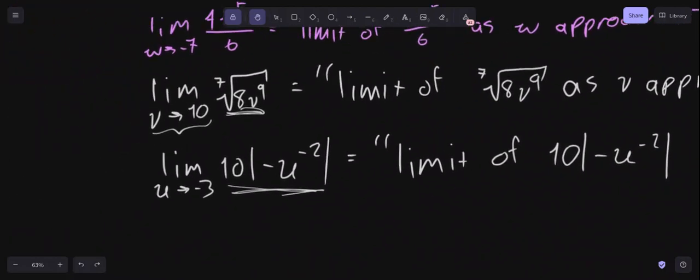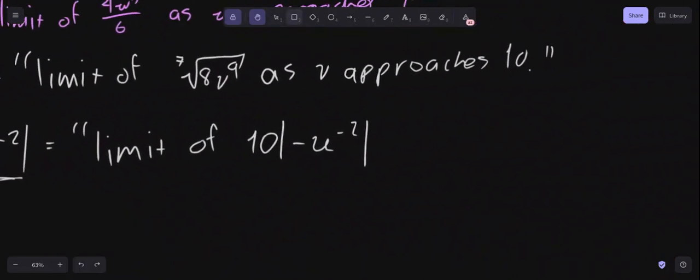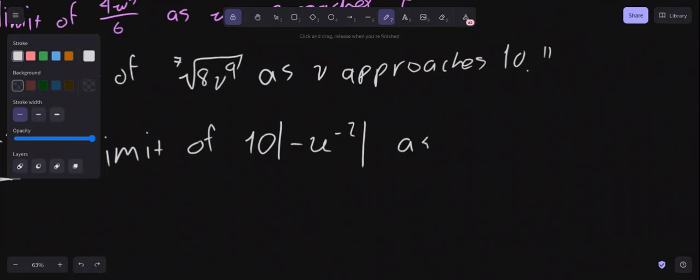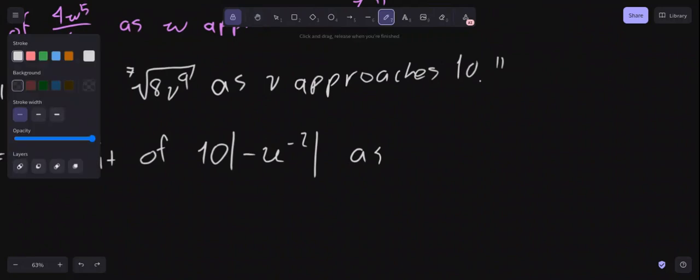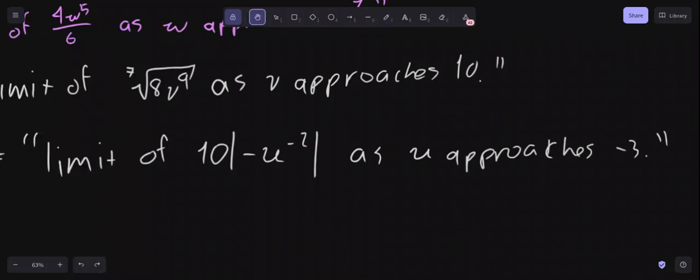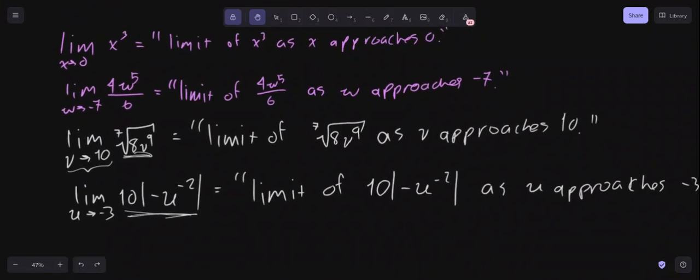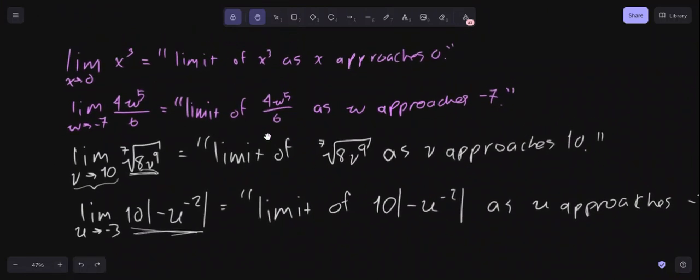And once you write the function you're taking the limit of, you would then say what value u is approaching, the thing below the LIM, u arrow negative 3, as u approaches negative 3.